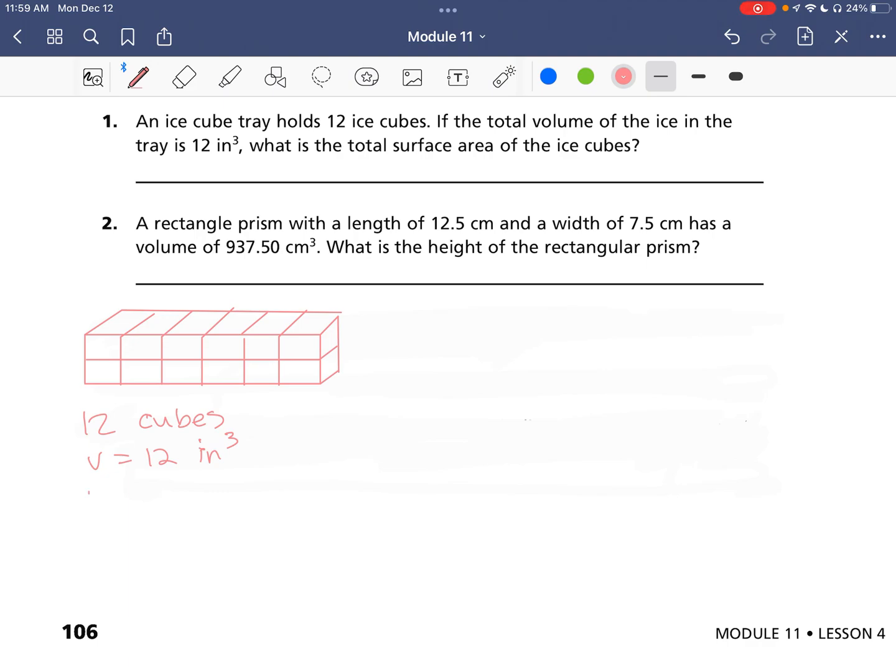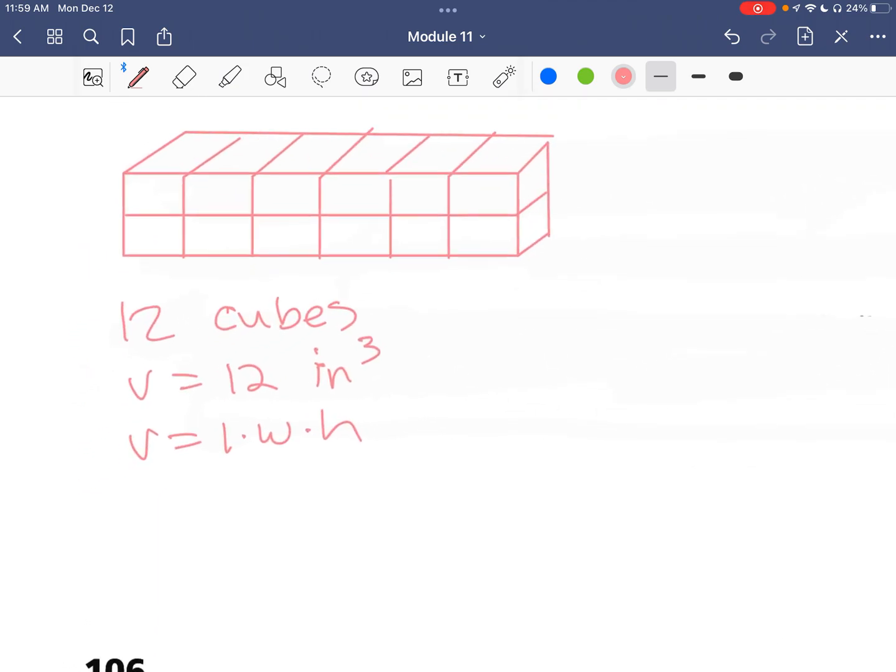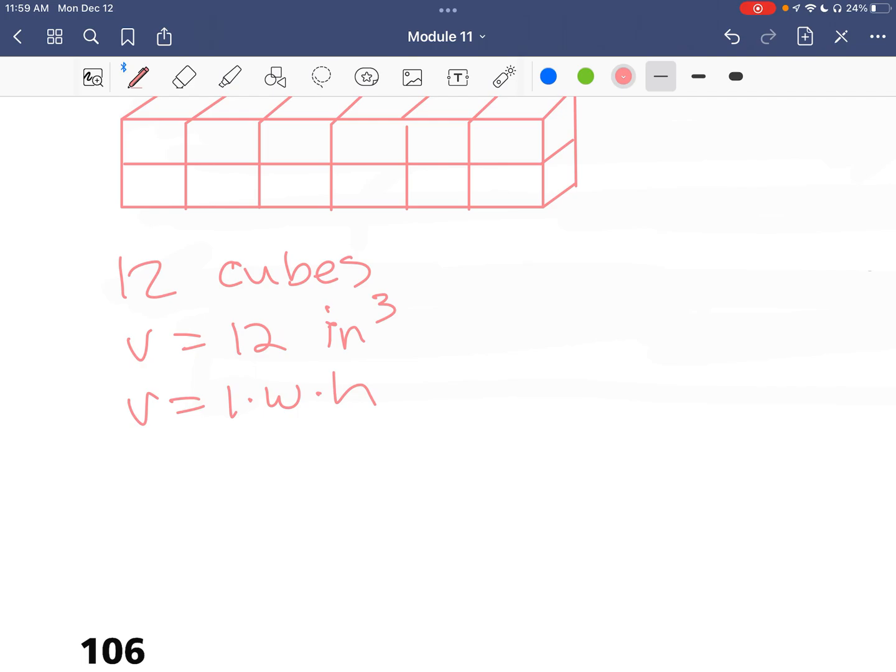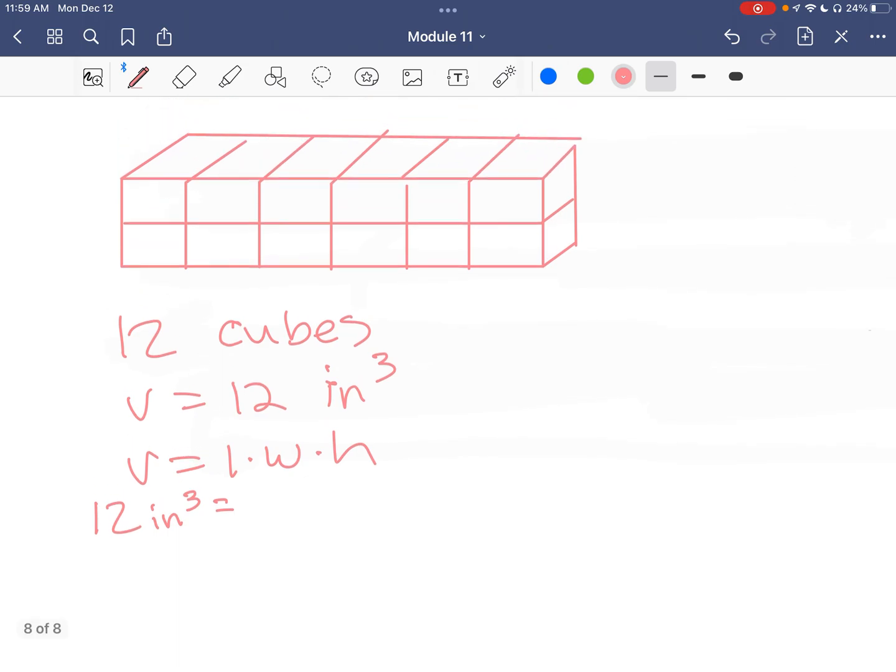So let's see, volume equals length times width times height. And we know that that's 12 inches cubed. And then our length, we don't know what our length is. So let's use some variables here. We're going to use x and x and x.